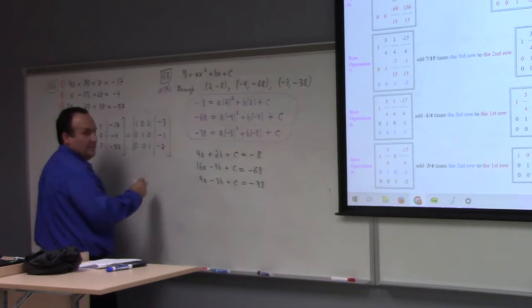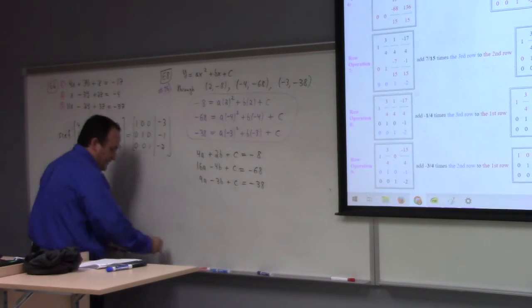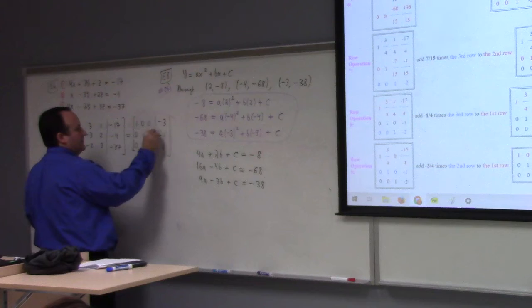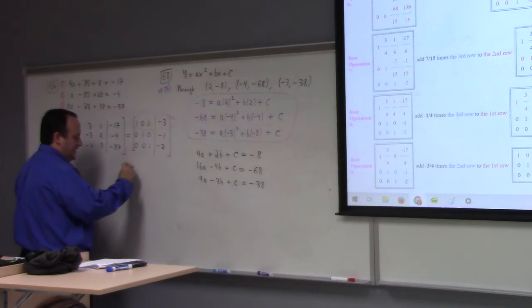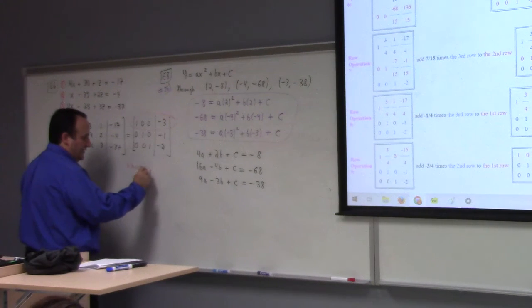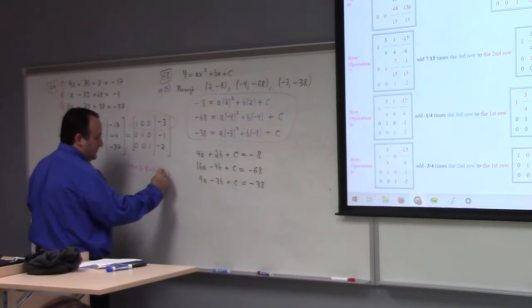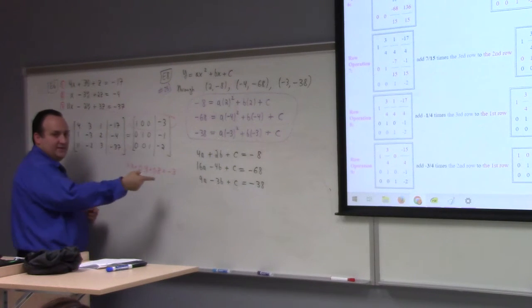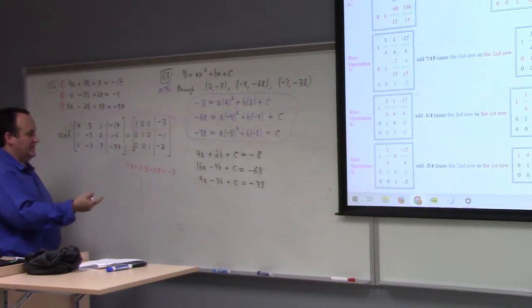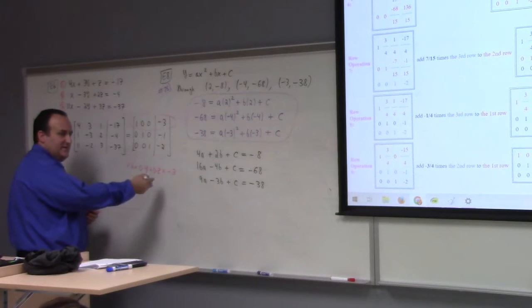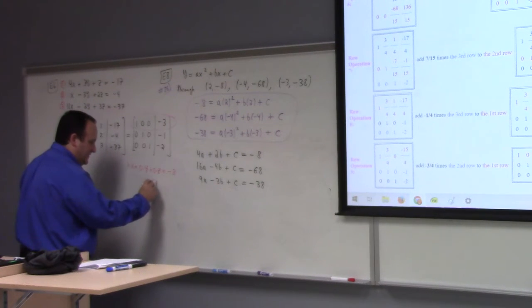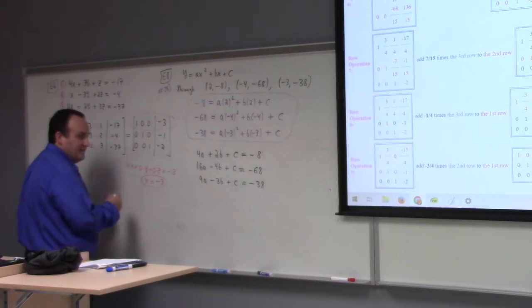The first row means 1 times x plus 0 times y plus 0 times z equals minus 3. That equation is just straight up x equals minus 3.